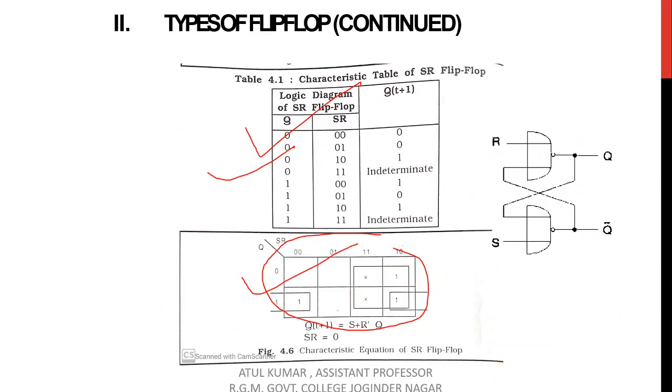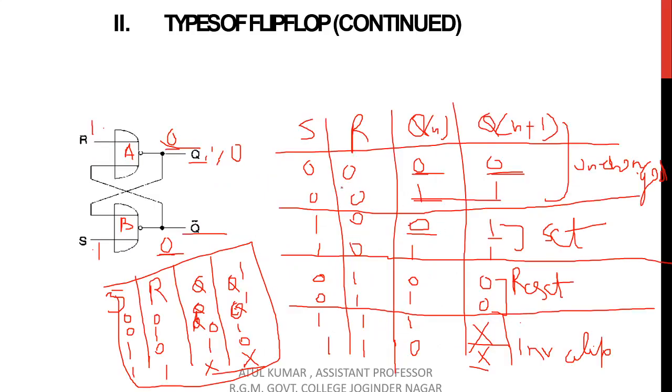Next we have how the characteristic equation is formed in the SR flip-flop. As in the previous lectures I discussed K-maps, so all of you know how K-maps are created. Here I will show you quickly how the characteristic equation is generated from this characteristic truth table.